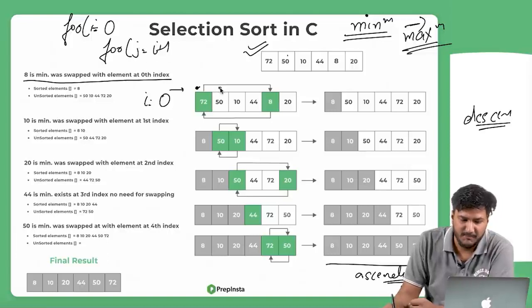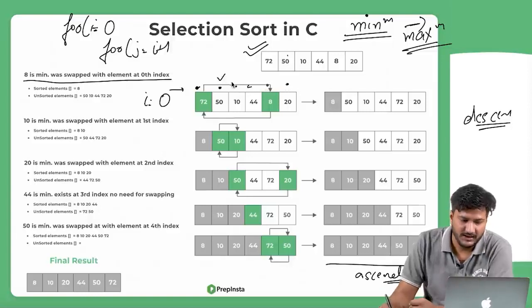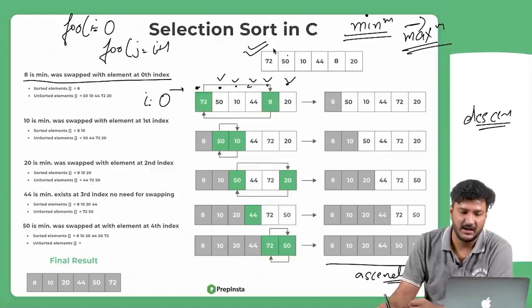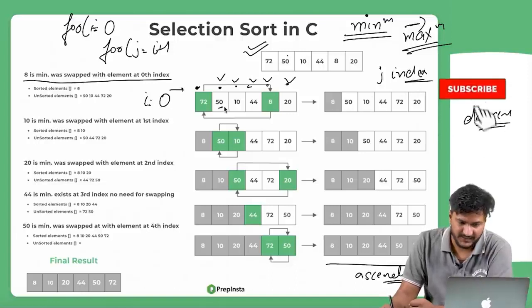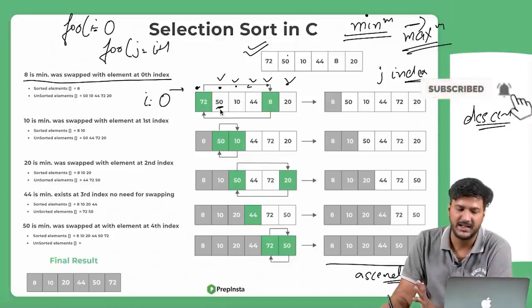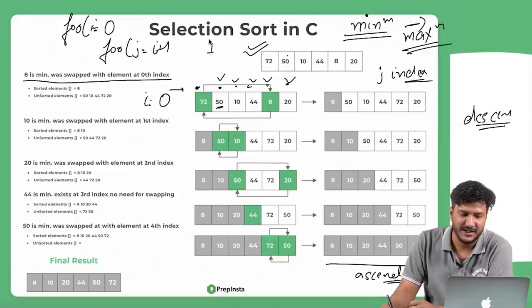So I will start comparing from here. As I move forward, in each case I store the index of whichever element is the smallest. As of now, 50 is the smallest, so my minimum index has the value 1.